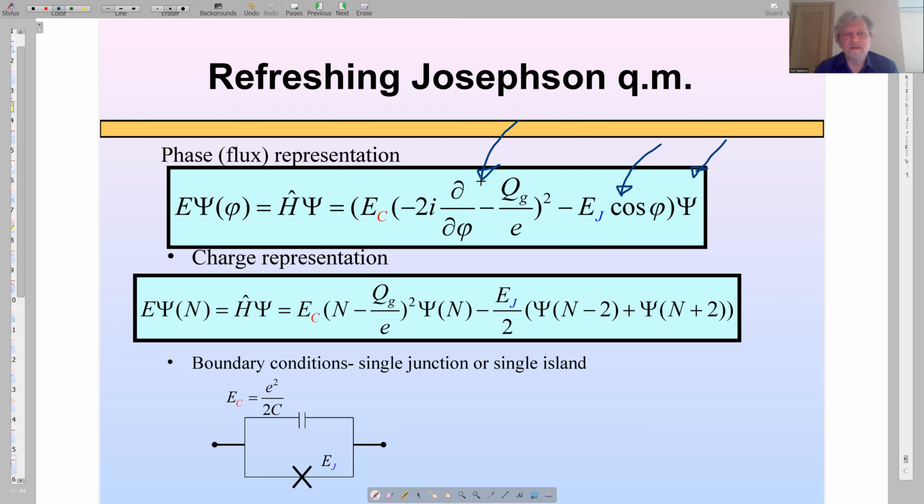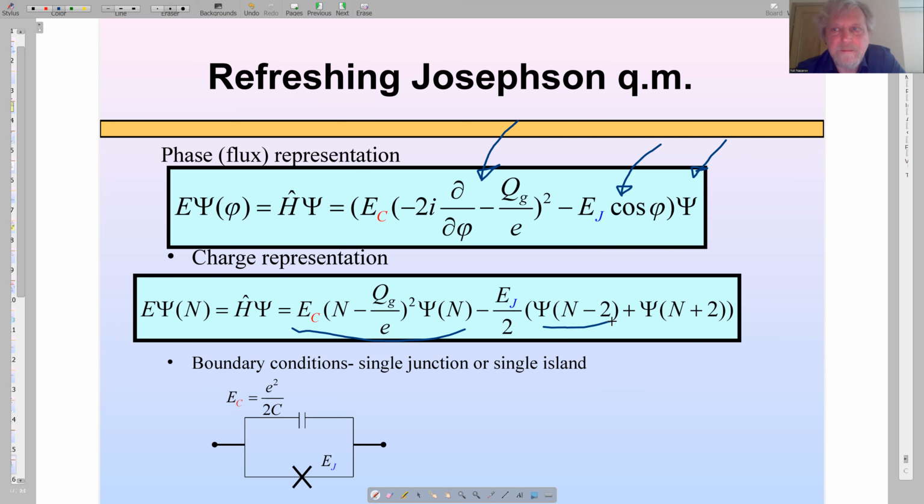One can alternatively use the charge representation, which is sorry, more convenient. So in this representation, Coulomb energy is diagonal, while Josephson energy corresponds to a shift of the number of charges by 2, corresponding to Cooper pair transfer through the Josephson junction.